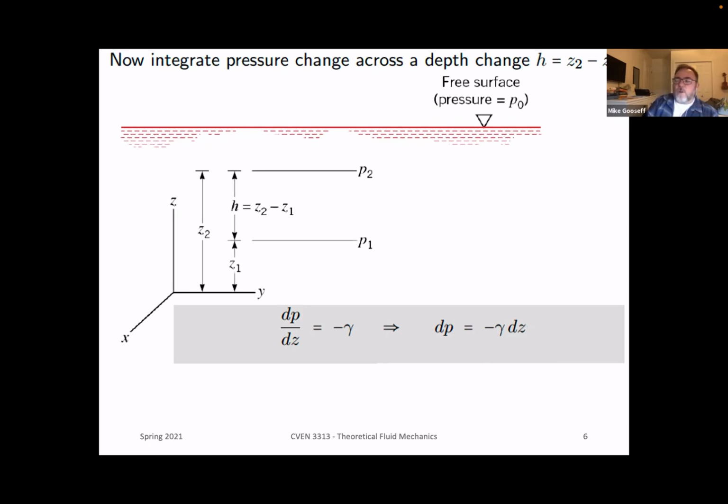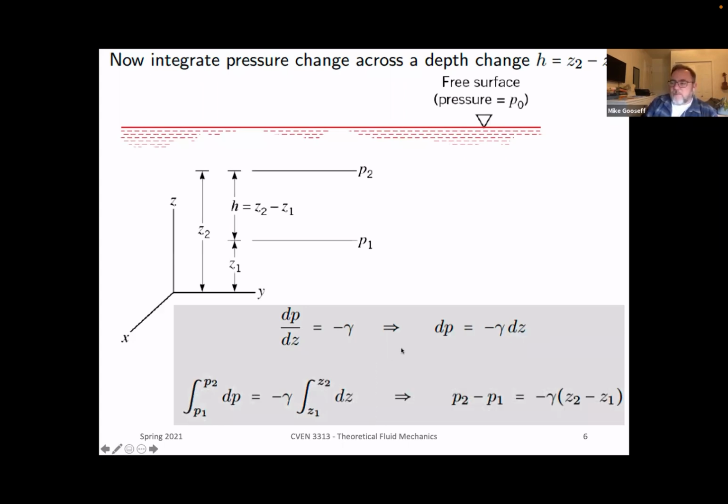And what that further led us to was to say if we integrate this equation on both sides, one with respect to pressure and the other with respect to elevation, then we work out this formal integration. We end up with P2 minus P1 is equal to gamma times Z2 minus Z1.